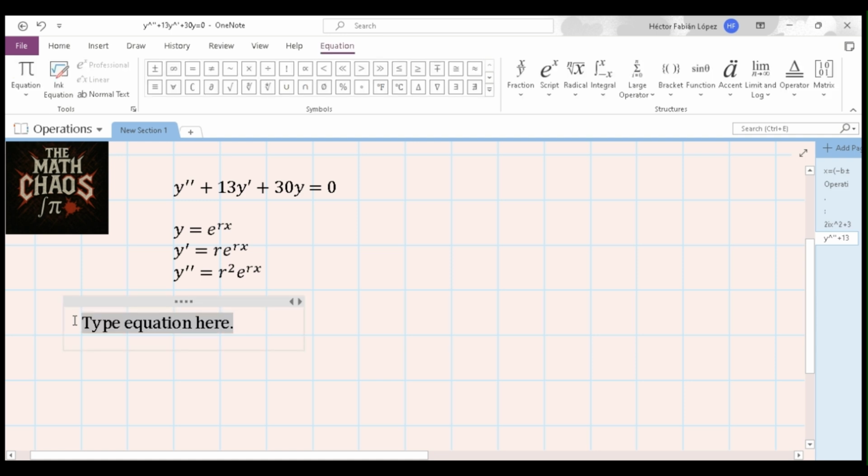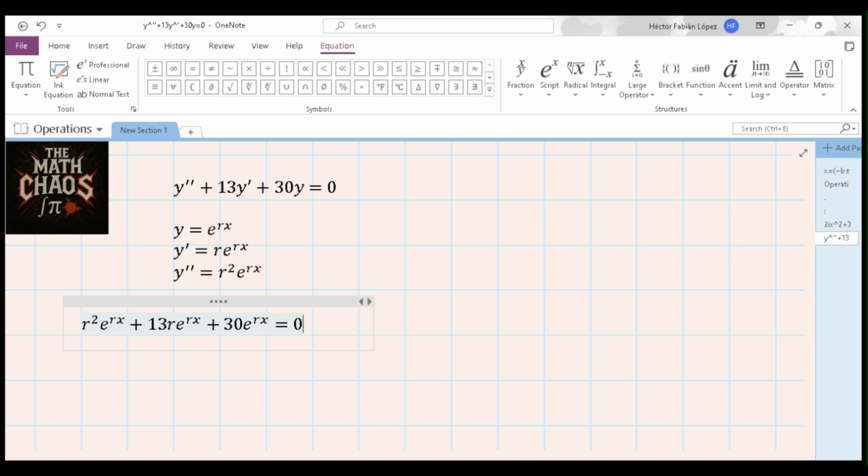The second derivative of y is r to the second power e to the rx, plus 13 times the first derivative of y, which is r e to the rx, plus 30y, where y is e to the rx, equal to 0.